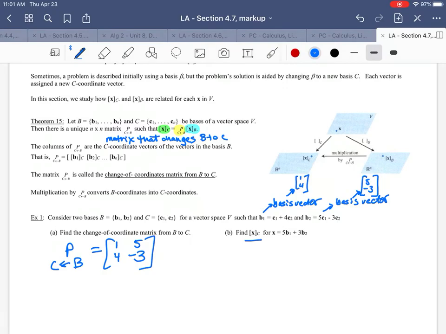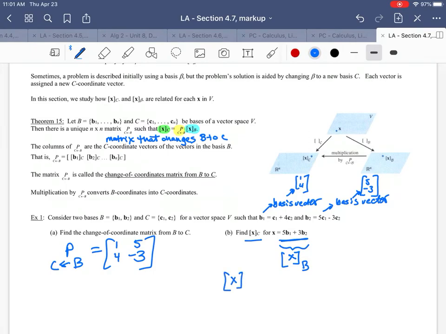Now they've given me something here. They said find xC, so find the vector in the new world for this vector in the old world. What they've given you is this part right here. This is xB. It's basically the vector in the B world, like, go 5 spaces, then 3 spaces.